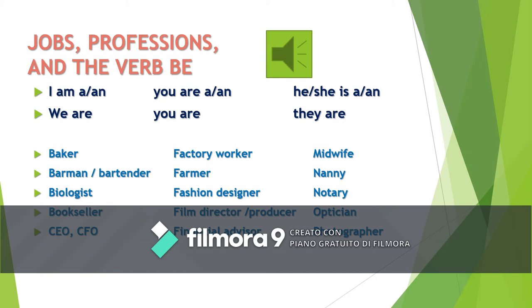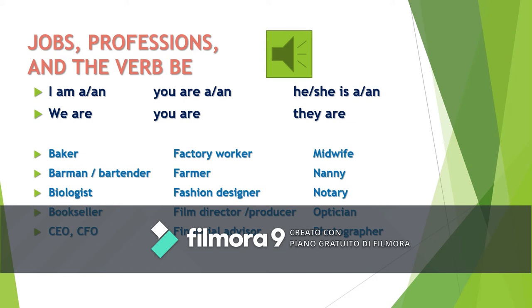So I can say, for instance, I am a baker, or I am an optician. You are a factory worker. He is a notary. She is a biologist. We are booksellers.